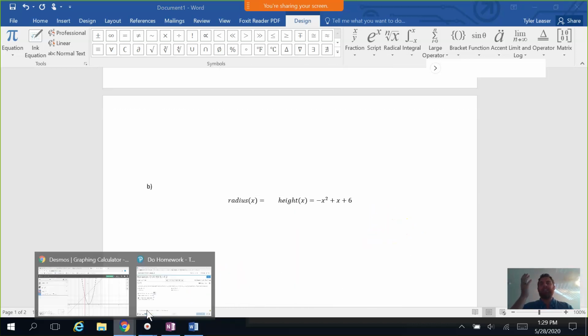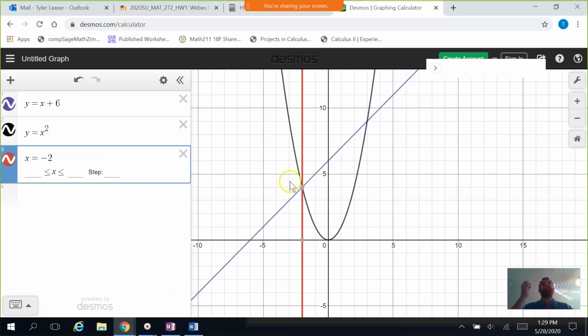The height is the same because we still have a vertical axis of rotation, which means that my slices are still going up and down. Now the radius is going to be a little bit different. If I am located at a vertical slice at x on the x-axis, I need to find the distance from that x to the location negative 2.